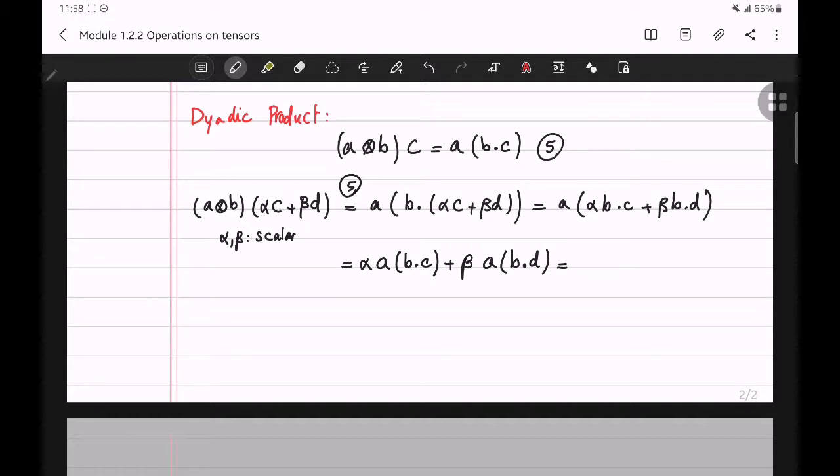So we have this defined based on 5. Again, based on 5, this is nothing but a dyad b acting on c. So it is α a ⊗ b c plus β a ⊗ b d.